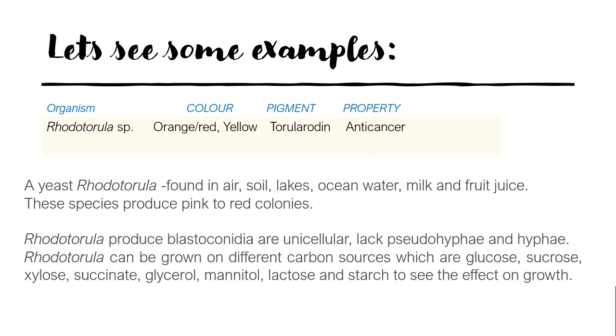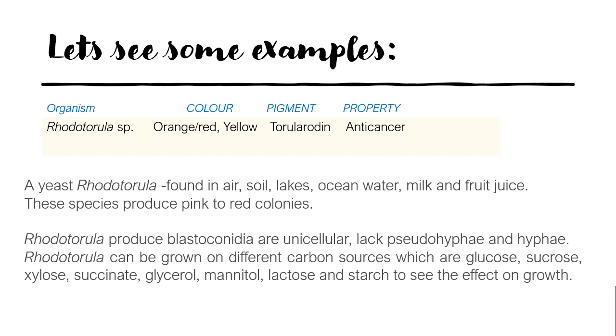The first is Rhodotorula. It is a yeast and it produces torulene and torularhodin pigment, which is orange, red or yellow in color, and it has anti-cancer properties. The yeast Rhodotorula is found in air, soil, lakes, ocean waters, milk and fruit juices.